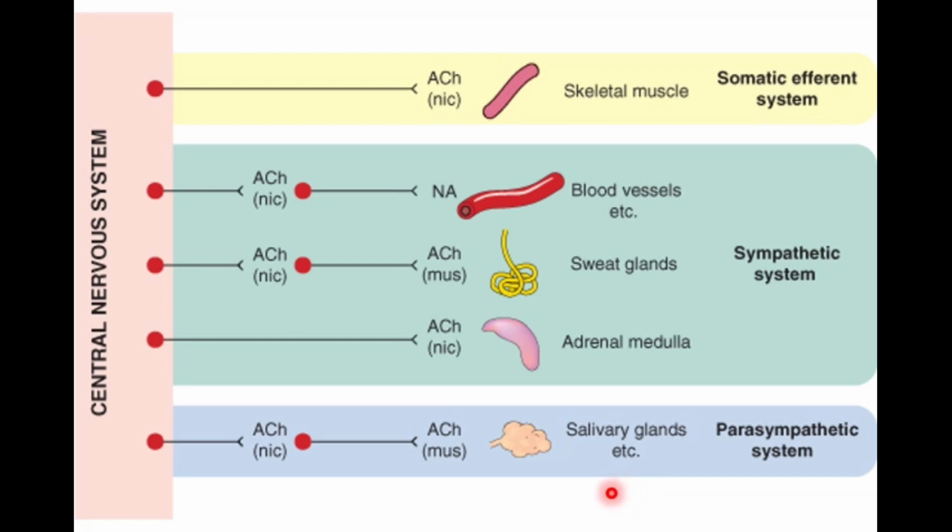The cholinoceptors on the target organs innervated by postganglionic parasympathetic neurons are muscarinic. The cholinoceptors on sweat glands are also muscarinic. Remember, this is one of the sympathetic exceptions.